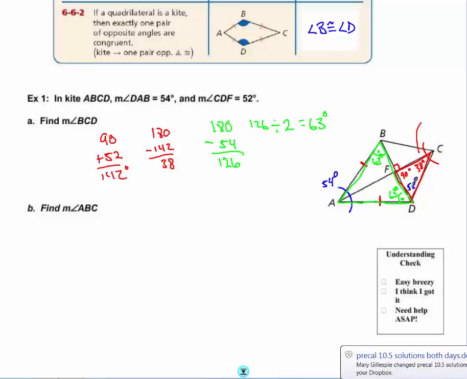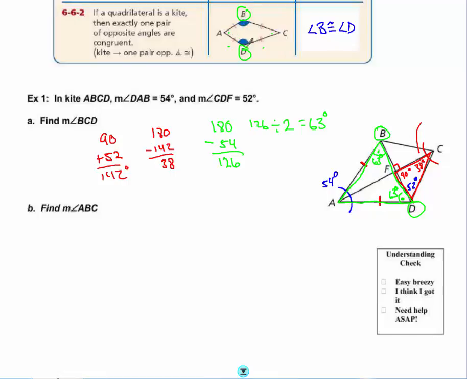Now, if we know that this angle and this angle are congruent, and the reason we know that is because if you look up at the picture, our opposite angles that are always congruent are the two that are between the two sides that are different, if that makes sense to you. So it's not going to be this angle and this angle.